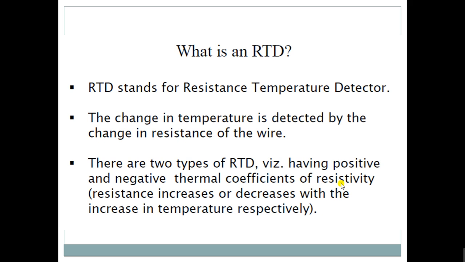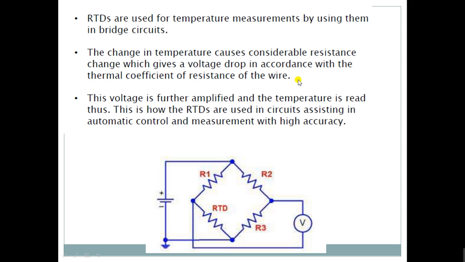Positive temperature coefficient means if resistance increases, at the same time temperature also increases. Otherwise, we can say if temperature increases, the resistance also increases, depending upon the material used. So in general, if temperature increases, the resistance increases. That concept is used in this RTD device.